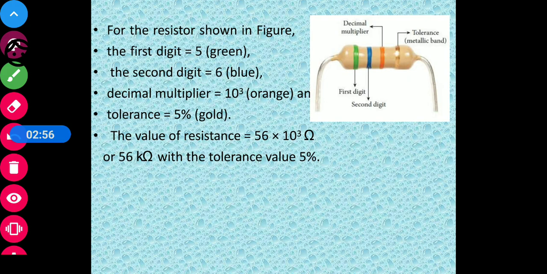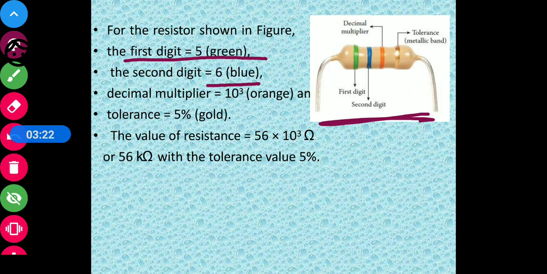Now let us solve one example. Suppose you are given a resistor which has green, blue, orange and gold rings. How can you find the resistance of this resistor? The first digit, green, stands for 5. The second digit, blue, stands for 6.